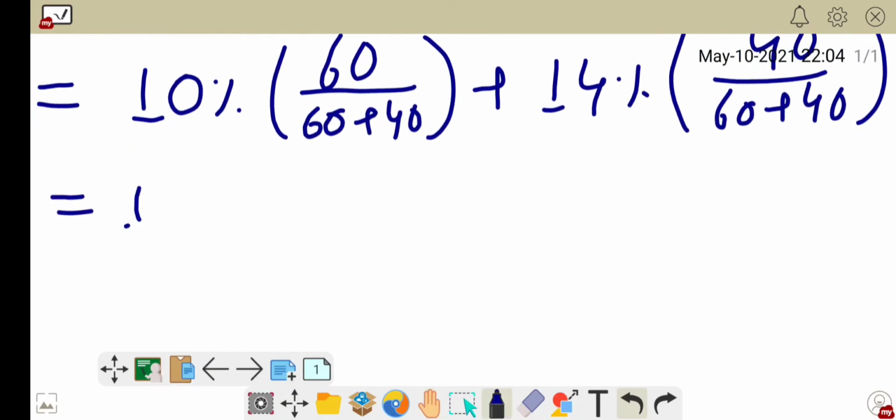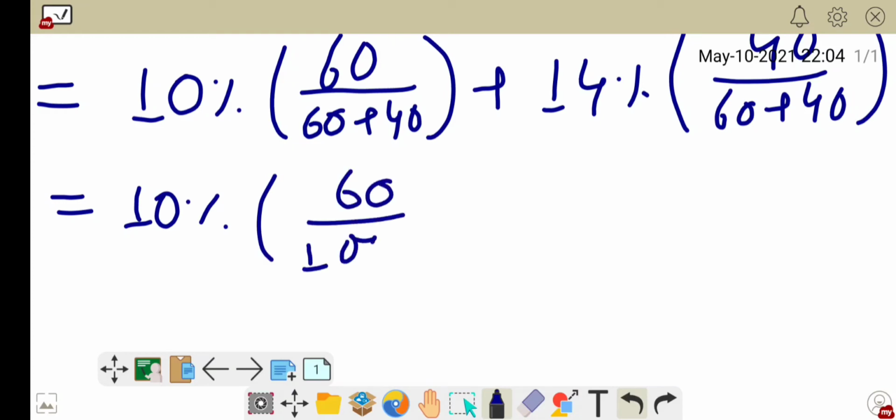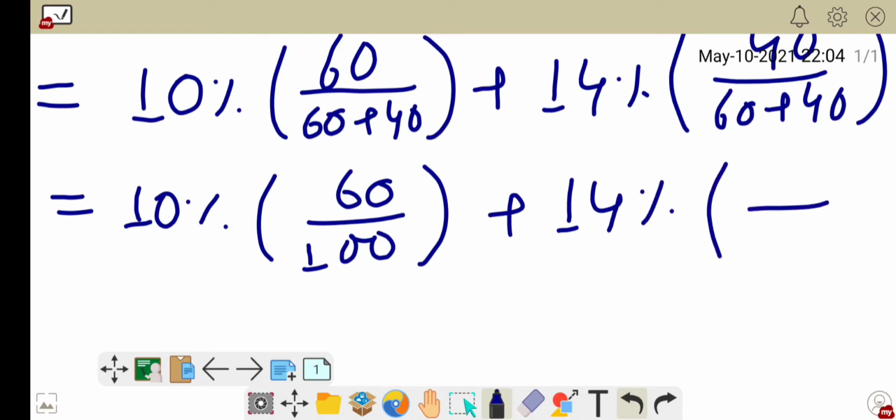10% into 60 divided by 100, plus 14% into 40 divided by 100.